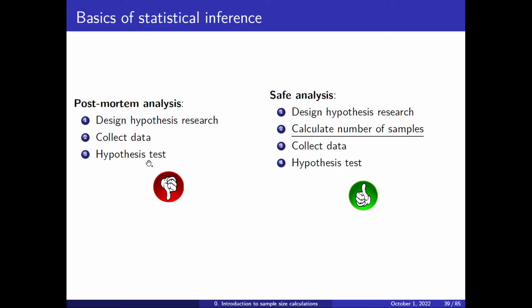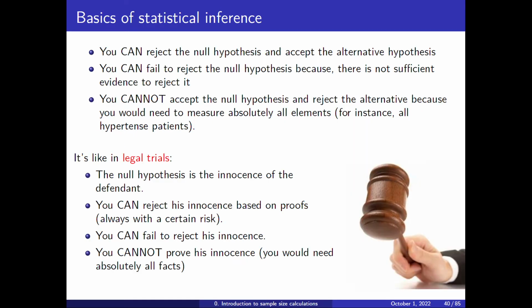So yes, now you know, but it is too late to know. A safe analysis is to calculate the number of samples that you need to be able to detect a given effect size, and then you're safe.